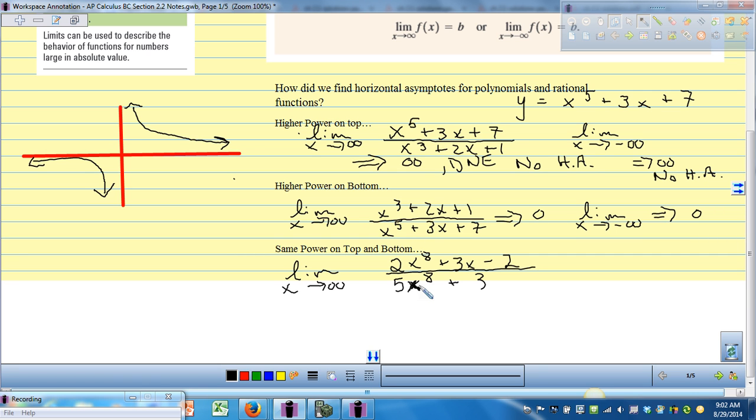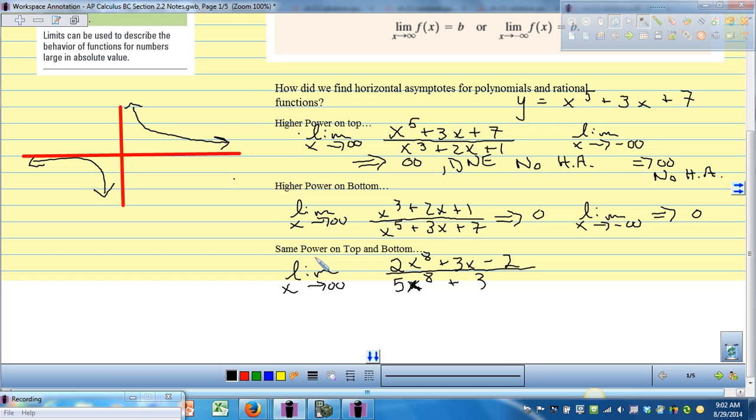Good. And why is it 2/5, Michael? Yeah, and the basic idea is that the x to the 8th are growing at the same rate, right? If we put in a gigantic number for x to the 8th here and x to the 8th here, the only thing distinguishing what's going on is the coefficients of the leading term.